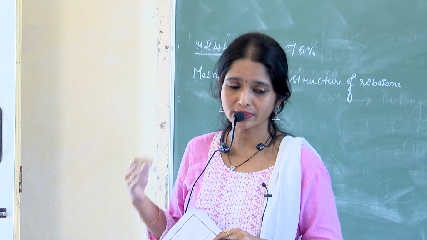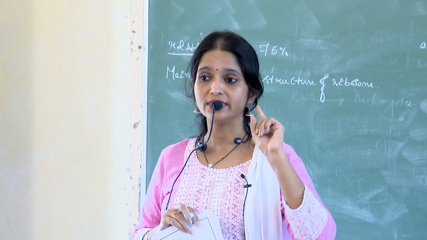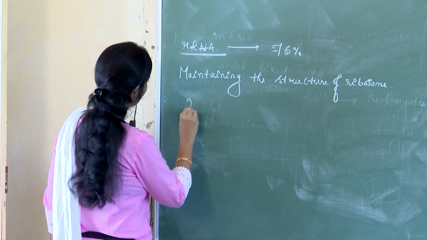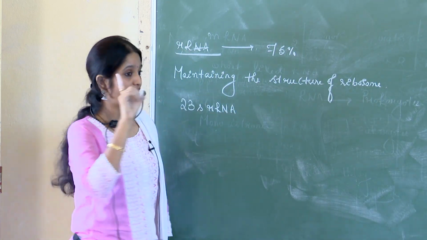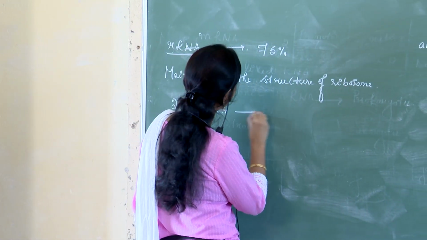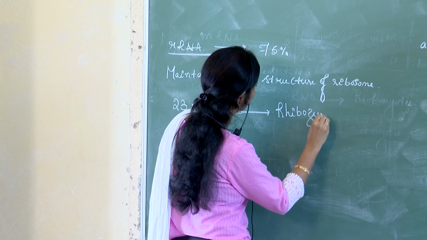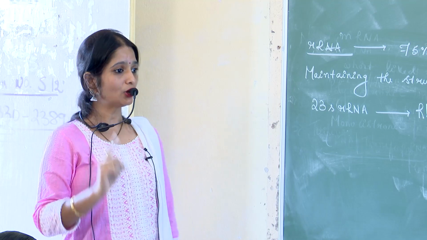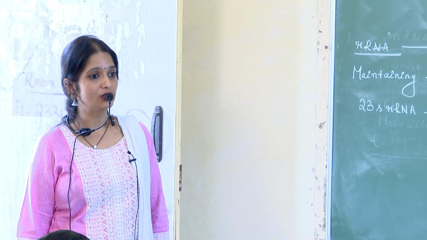And there is evidence that 23S rRNA functions as an enzyme, and the name of this enzyme is ribozyme, not ribosome. Ribosome is an organelle. So 23S rRNA functions as an enzyme, ribozyme.